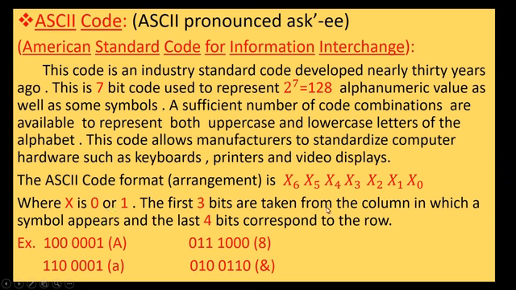Here x is either 0 or 1. The first 3 bits are taken from the column in which a symbol appears and the last 4 bits correspond to the row. For example, this is the data designed for alphabet A, that is 100, and this is stored with the zone 0001. For lowercase alphabet a, it is 1100001.